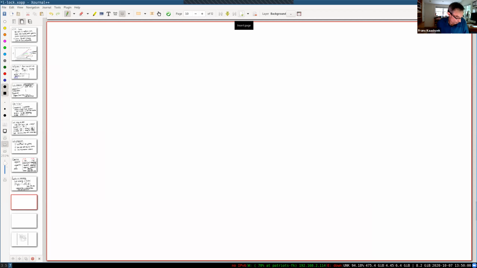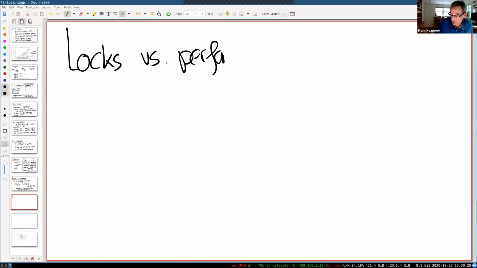Okay, so another challenge with locks. We see now two challenges: one is deadlock, one is modularity. The third challenge is just locks versus performance. We already hinted at this a couple of times, but it is important enough to put some emphasis on. Basically, if you want to get performance, you need to split up data structures.